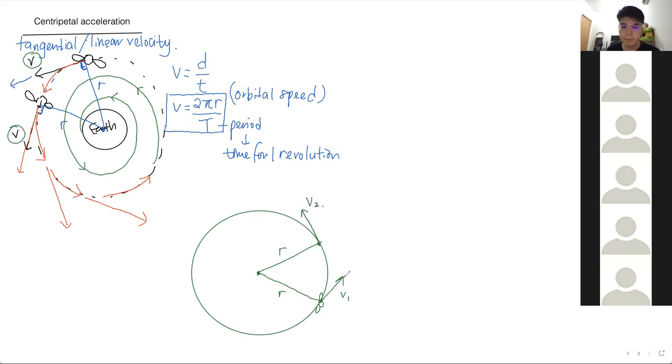If I want to calculate the change in velocity, which is the acceleration, acceleration equals change in velocity over time. So to find the change in velocity, I take v2 minus v1. How do we subtract these two?